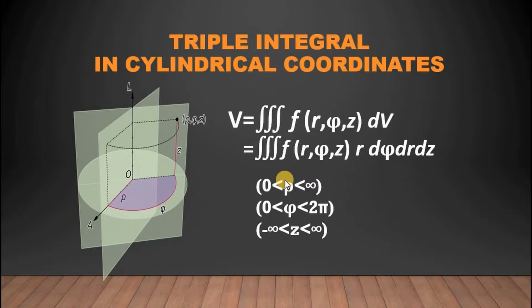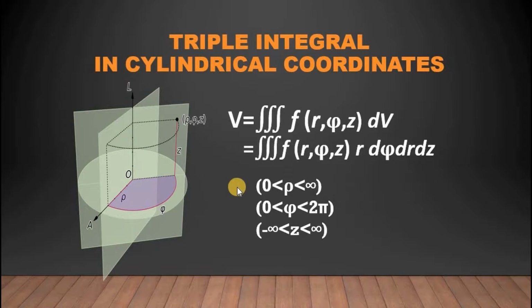Rho is the radius of the cylinder, from the origin to the outside of the circumference, and phi is the angle of the circle, which goes from 0 to 2 pi to represent the circular surface of this cylindrical object, and z is the height of the cylindrical object.